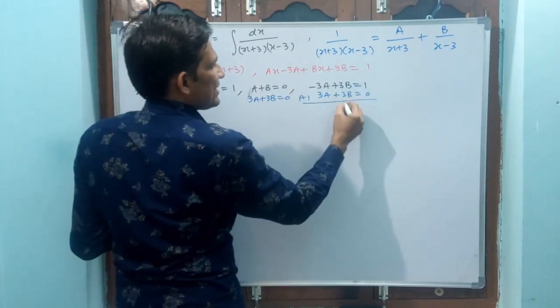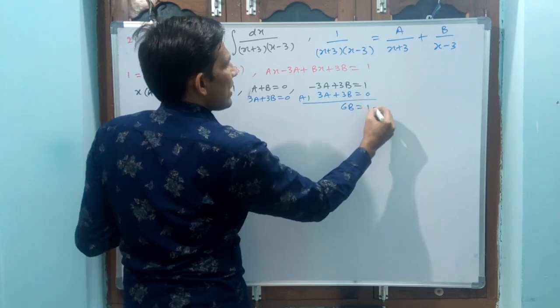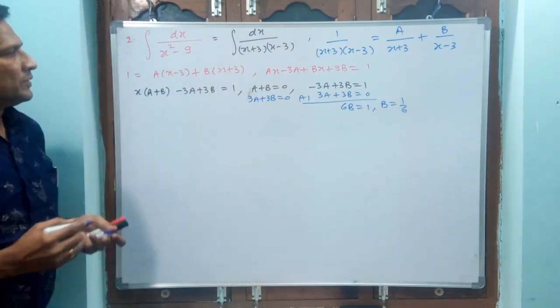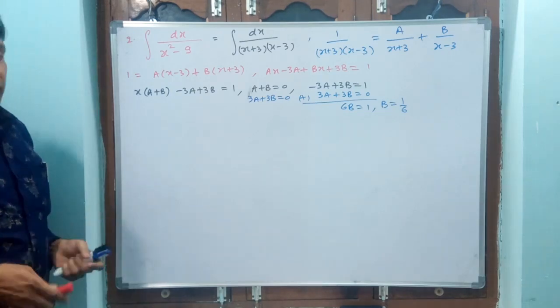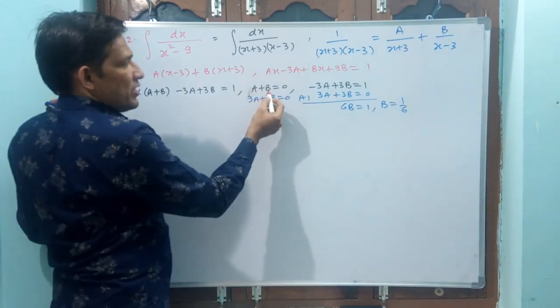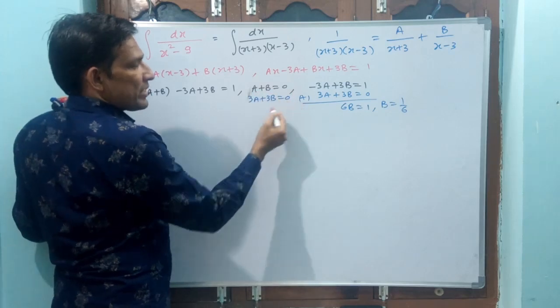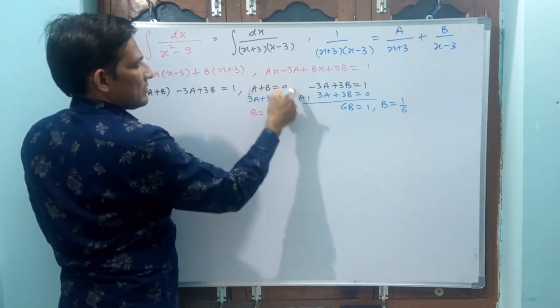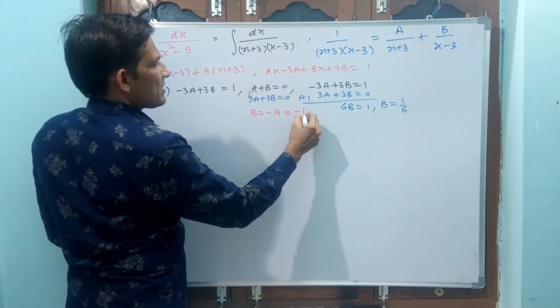Minus 3a plus 3a, you get the answer 6b is equal to 1, then b will be 1 by 6. When b is 1 by 6, a will automatically be minus 1 by 6. Why? Because b is equal to minus a, that is equal to minus 1 by 6.